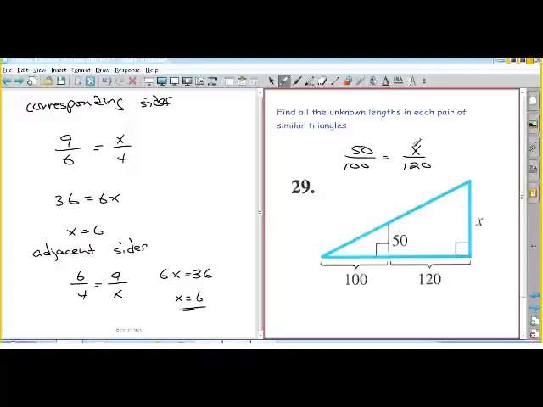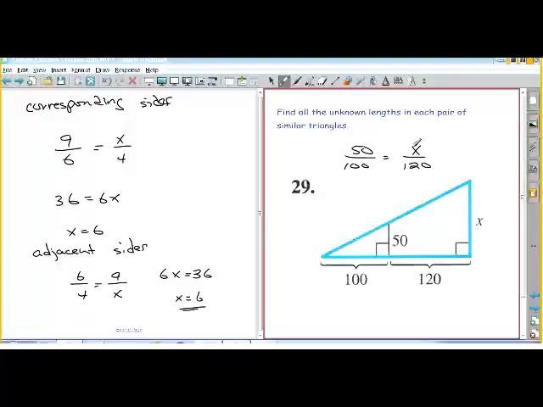They don't think hard enough. So what we're doing here is comparing within adjacent sides. I'm comparing this side to that side, and this side to, I didn't get the whole side. So you've got to make sure you include the entire side length, not just the number that you first see.